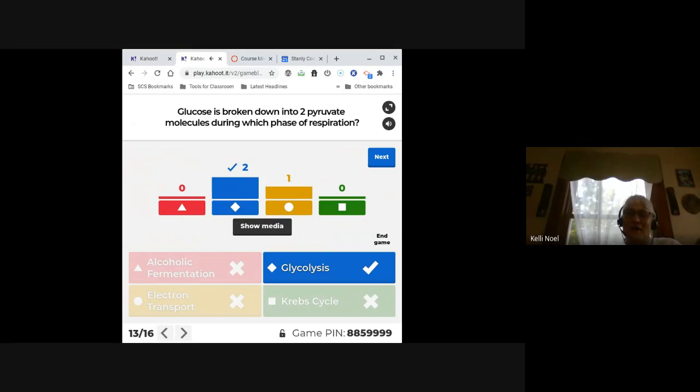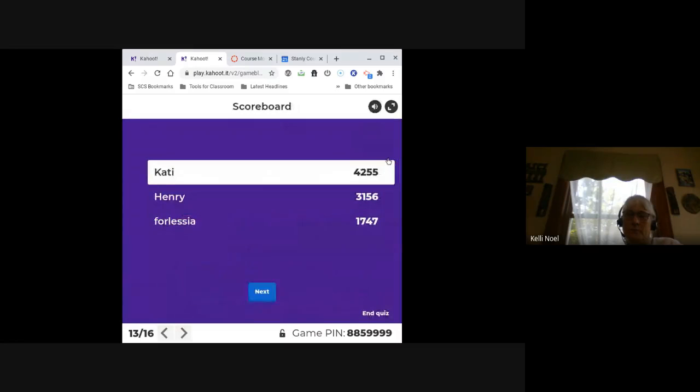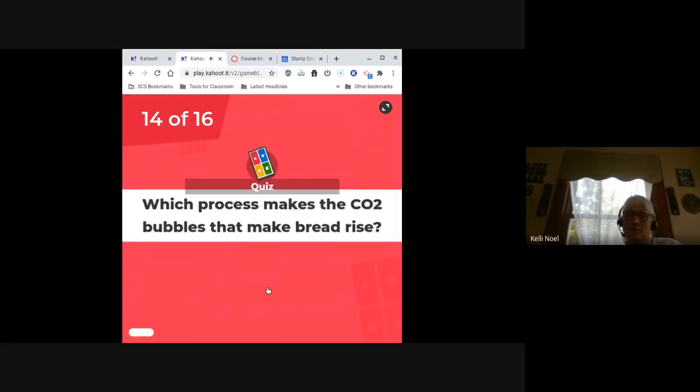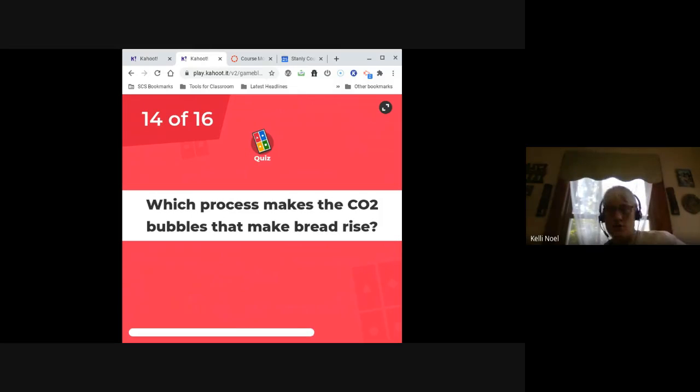Always associate glucose with glycolysis. They start with GL, and lysis means to split, LYSIS. So it's going to split glucose. Oh, and we'll get the other two questions in real quick.